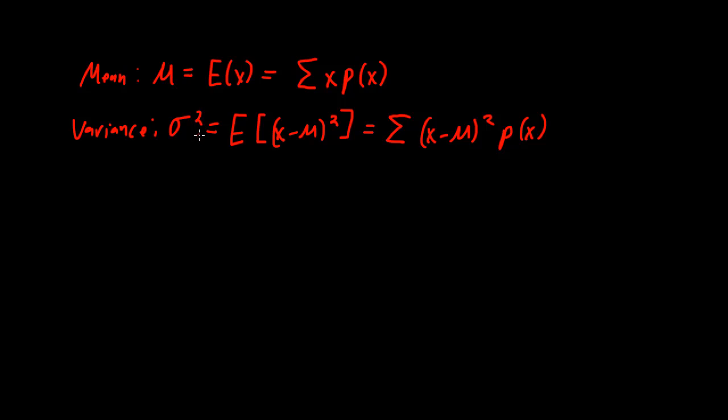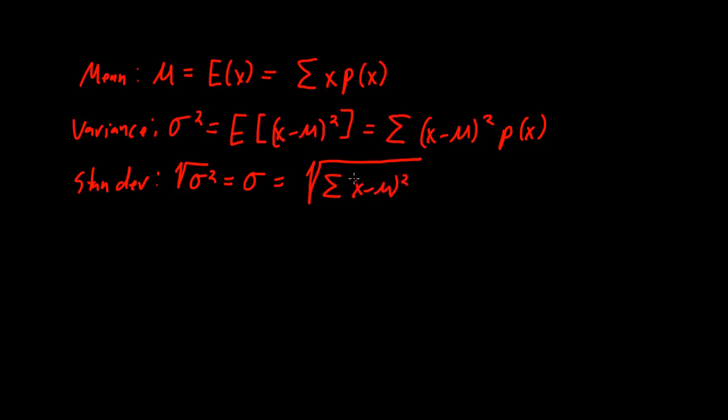So we can use both of these formulas to calculate both the mean and the variance for any discrete distribution that we have. And remember, we can just calculate the standard deviation as the square root of sigma squared, which is just sigma equal to the square root of our giant sum, the sum of x minus mu squared times P of x.